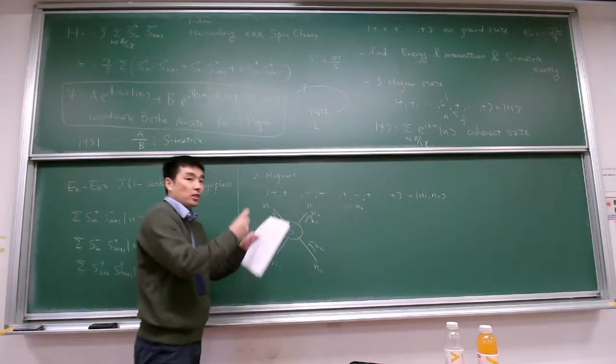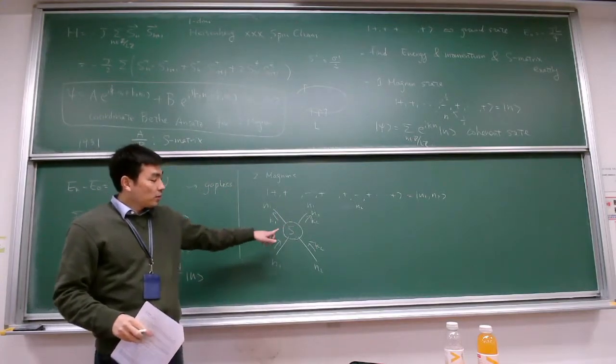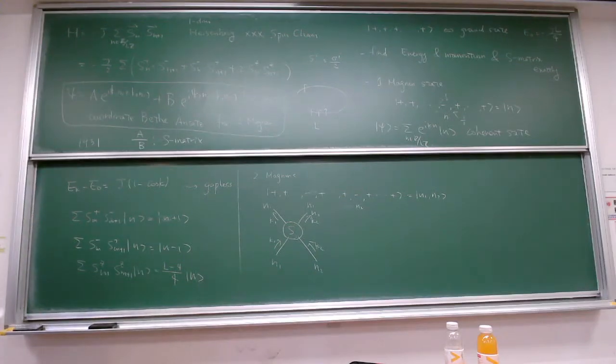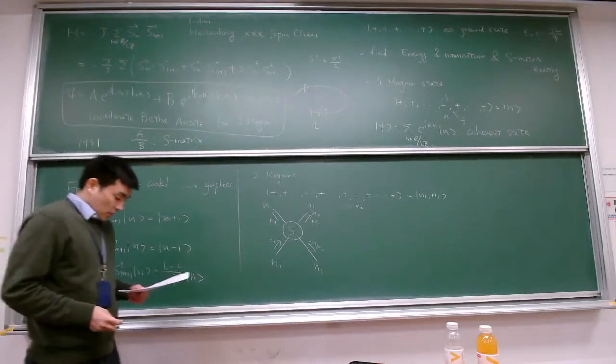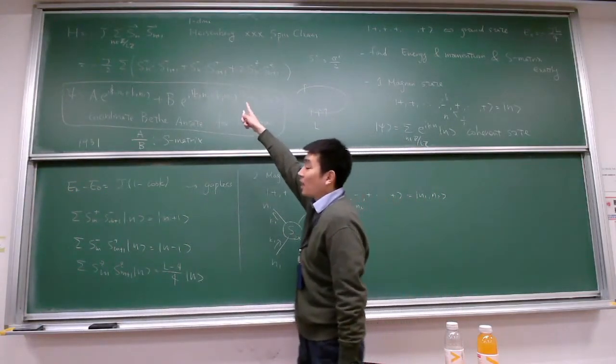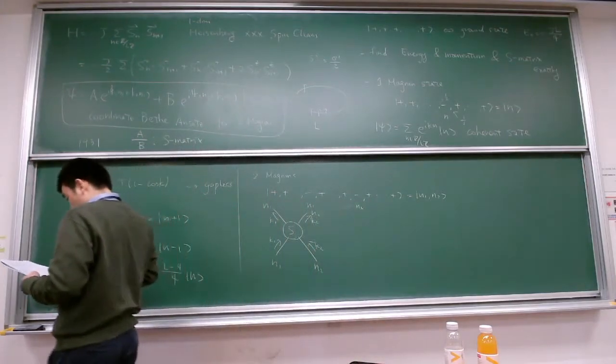So you have a scattering, and we want to determine this S matrix exactly by using this coordinate Bethe ansatz. So that's our goal. This S is different from that S, so you understand what I mean.